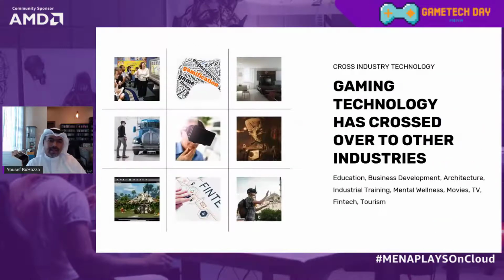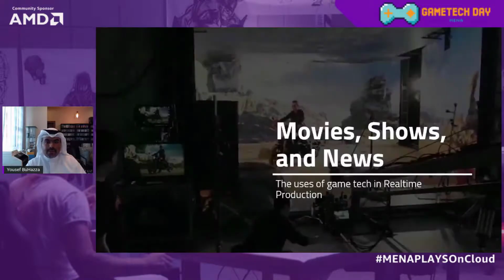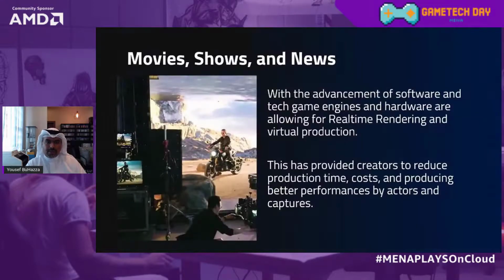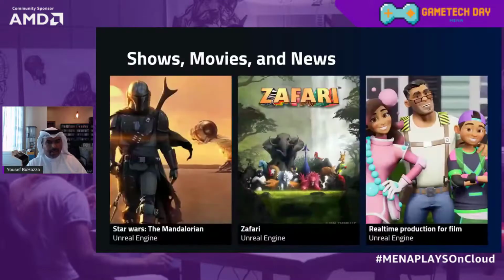So how has gaming technology crossed over to other industries? Looking at it from a simple point of view, you've got movies, shows, and news. Why are they utilizing video game technology? The Mandalorian moved towards virtual production to help reduce production costs and times.